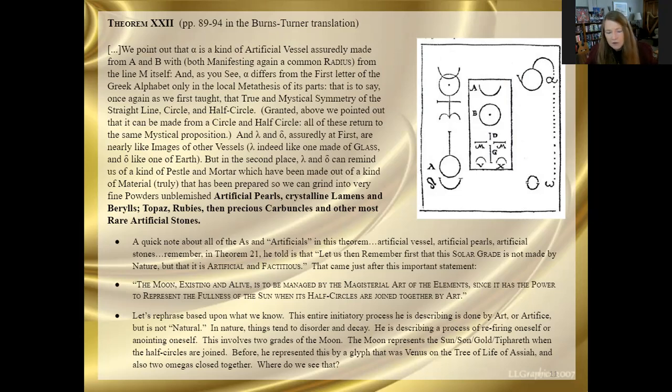So that involves 2 grades of the moon, as we know. The moon represents or can represent the sun, SON, SUN, gold, Tiferet, a series of other associations when the half circles are joined. So he represented this by a glyph that was Venus on the tree of life and the 2 omegas close together. So where do we see that now? Down here.